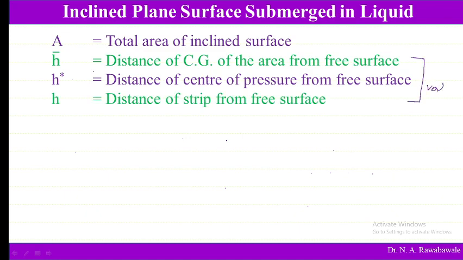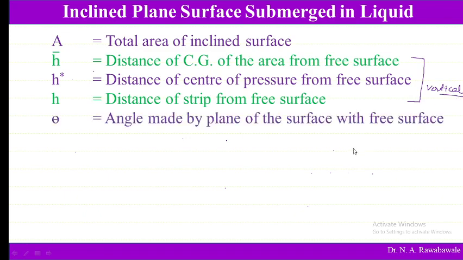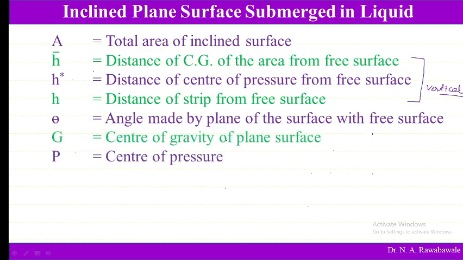Then theta is the angle made by the plane of the surface with the free surface. Then G is the center of gravity, where P is the center of pressure and dA is the area of the strip.